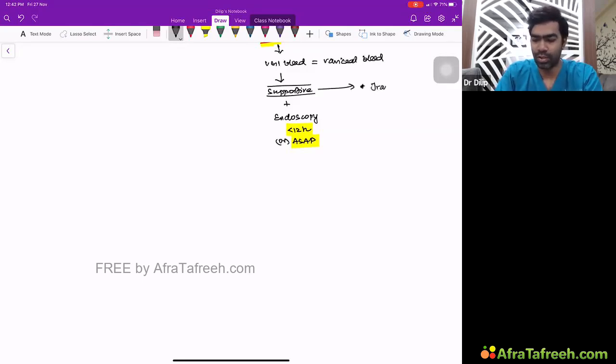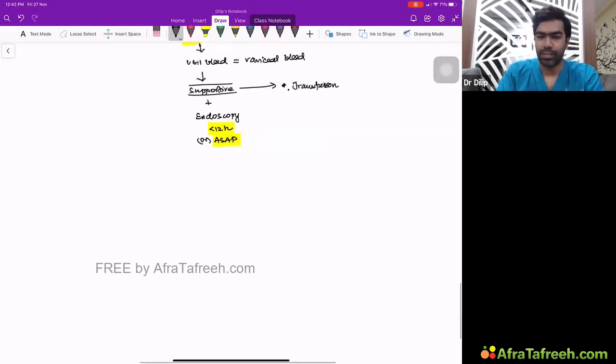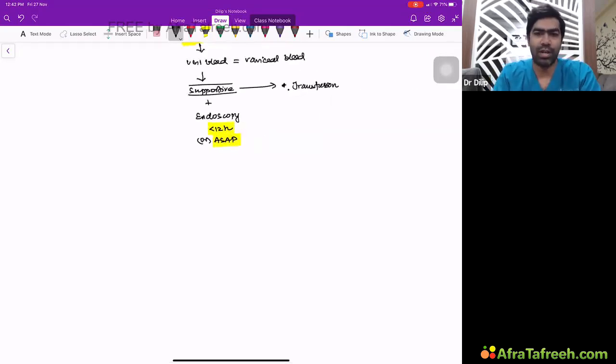One is transfusion of blood products, which is very important. So what are the transfusions that you can try? First of all, hemoglobin is very important, and what the transfusion threshold is here is also very, very important. Hemoglobin less than 7 is the indication for giving PRBC. Otherwise, you don't really do PRBC.